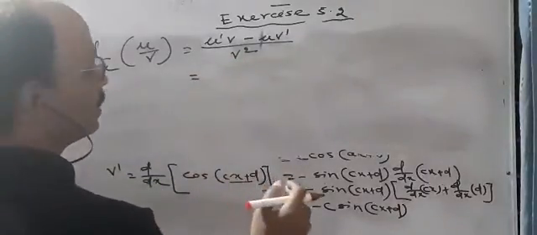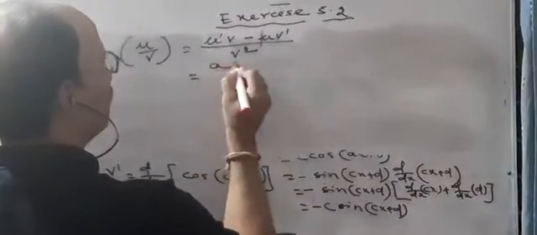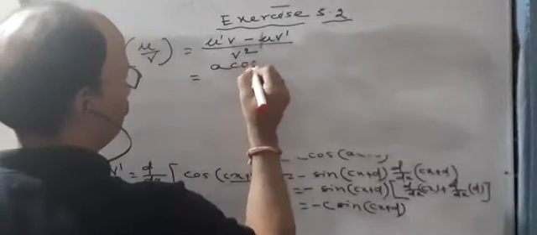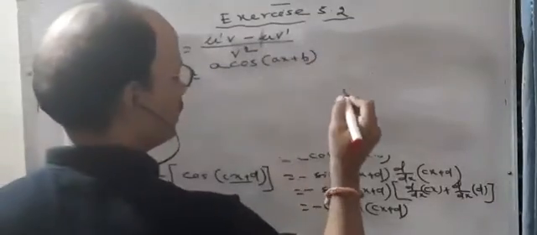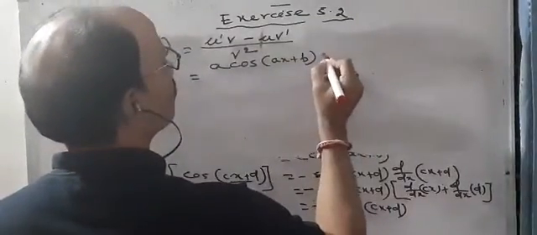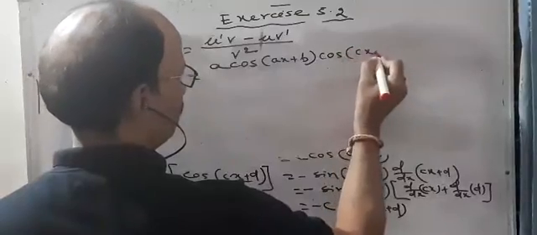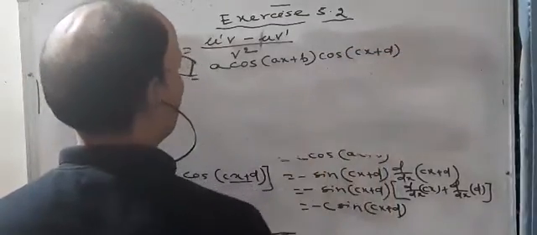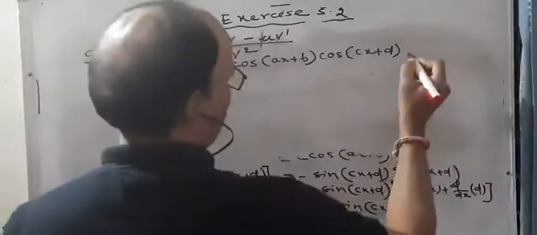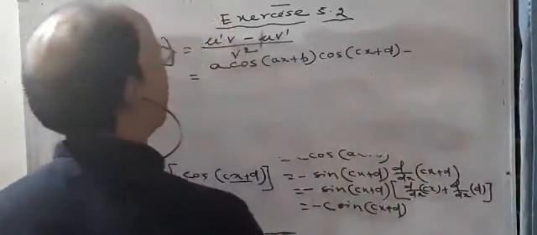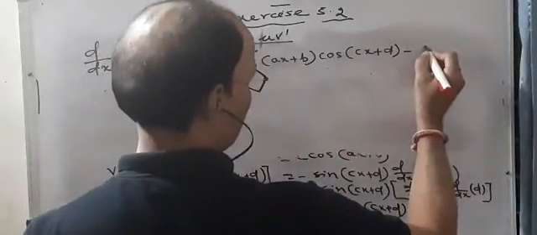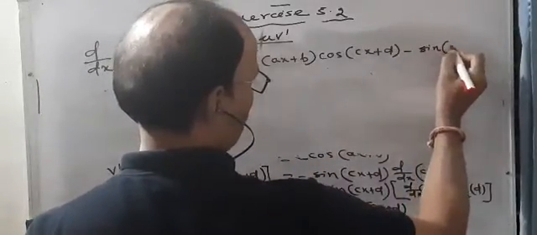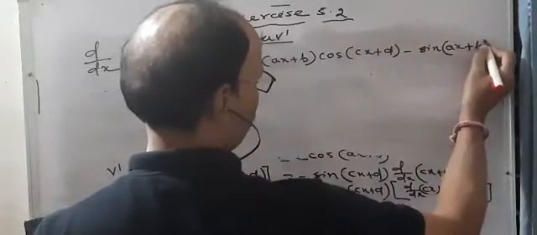So u dash will be a cos ax plus b. Then v is cos cx plus d. Then minus u, u means sin ax plus b, then v dash.